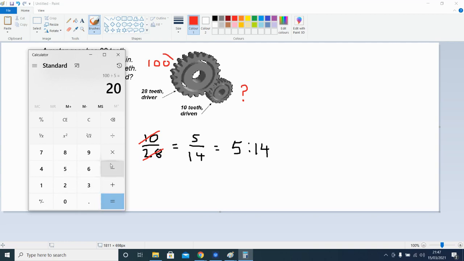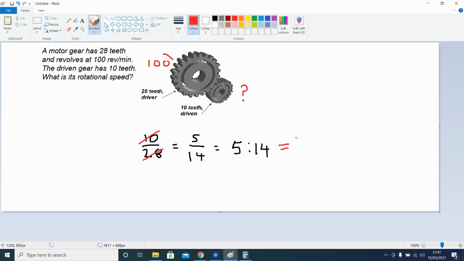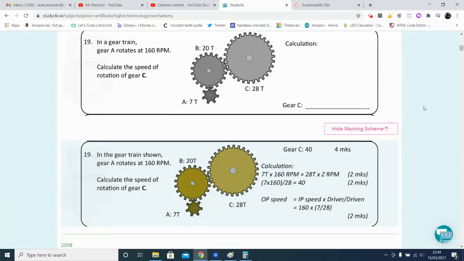Then we can multiply that by our output of the ratio, which is 14. And there you go, that gives us 280 revs per minute, 280 RPM. So using the same logic of using the ratio to find our output speed, we don't have to learn any more formulas like this one here and still come up with the same answer.